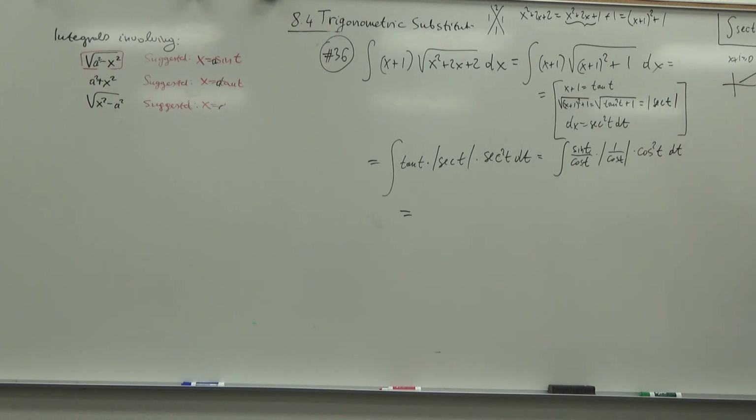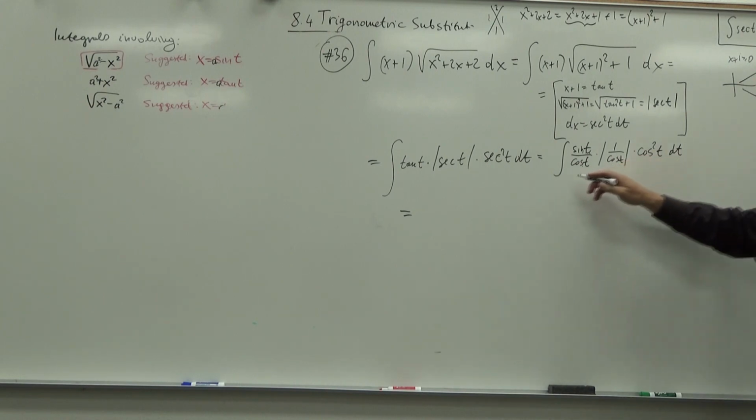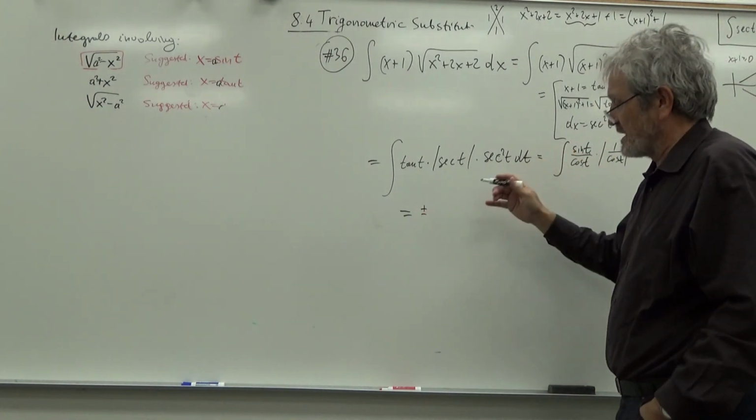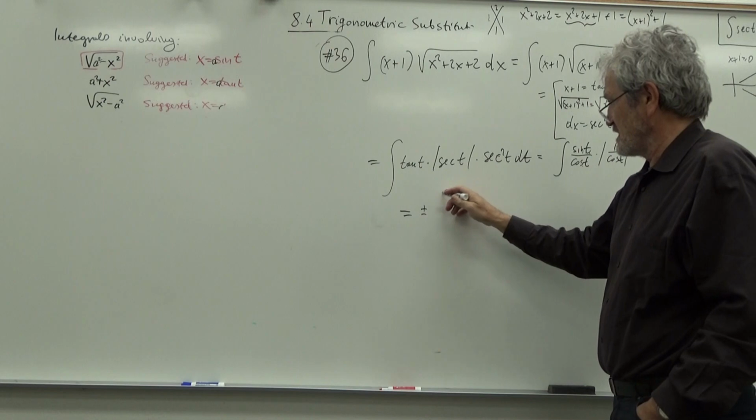What if it's negative? Then t is in the second quadrant, where t is negative. So in this case, if this doesn't confuse you, we'll say plus or minus: if t is positive, it's positive; if t is negative, it's negative.